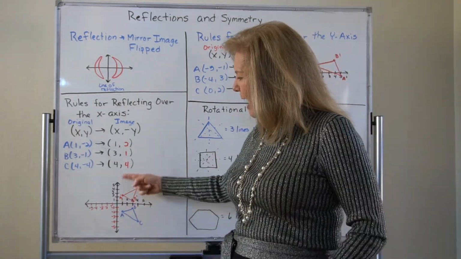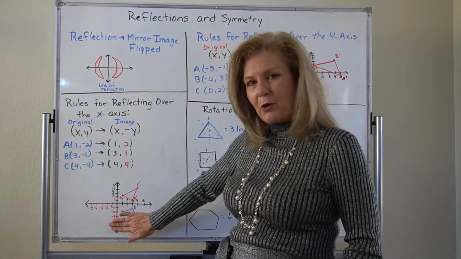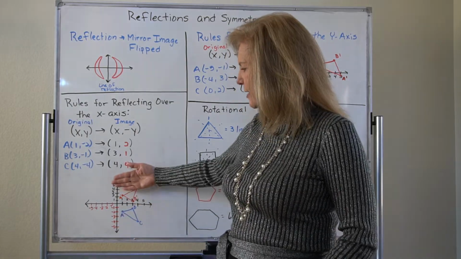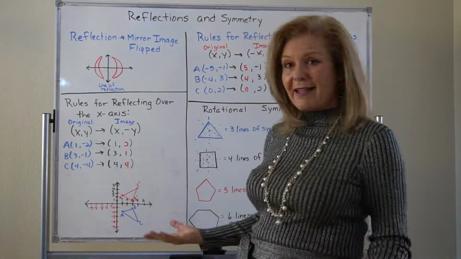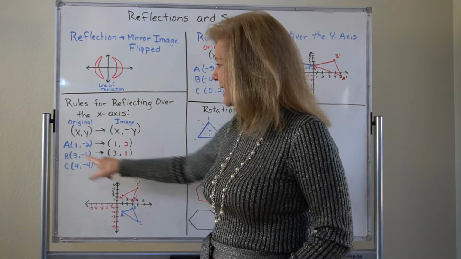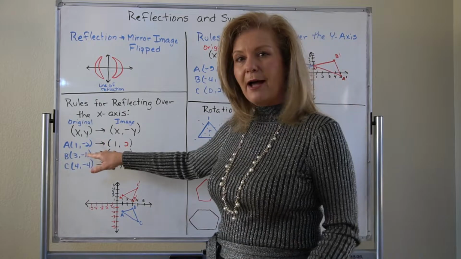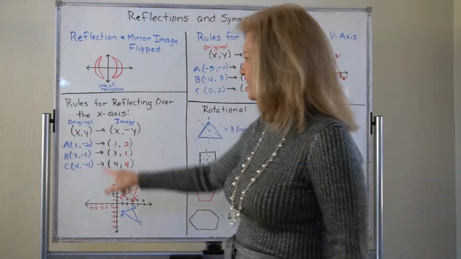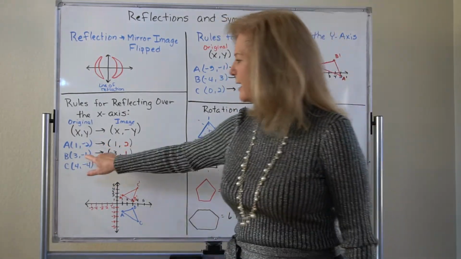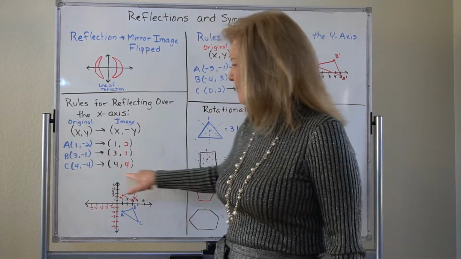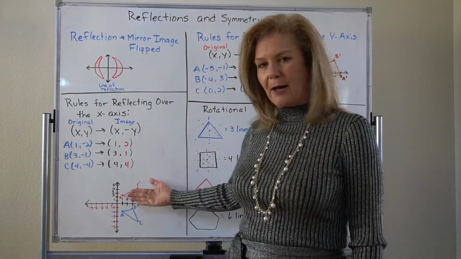It's only the y values that are changing because I'm going from the negative y values to the positive y values. So all I simply do is I keep my x the same, 1, 3, and 4 remain the same, and whatever my y was, I just go to the opposite. So -2 became 2, -1 became 1, -4 became 4, and that accomplished my flip.